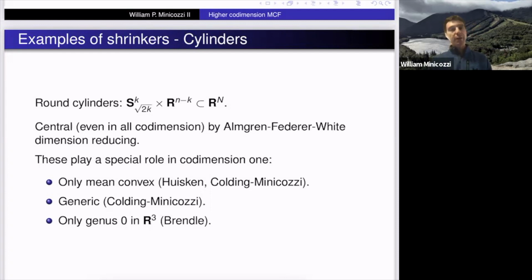there's a similar theory in mean curvature flow, which is not nearly as well developed, except in the case of mean convex flows. I should say, there's this theory of Almgren-Federer dimension reducing. What it says is if you look at this singular set and you stratify it, the top stratum of the singular set consists of the points where the blow up has translation invariance of maximal dimension.